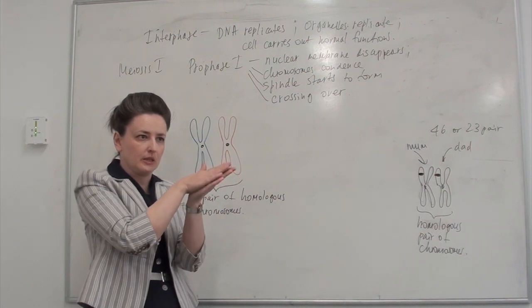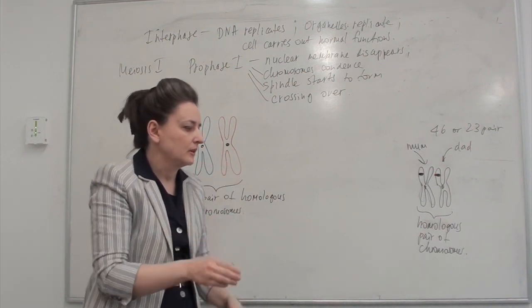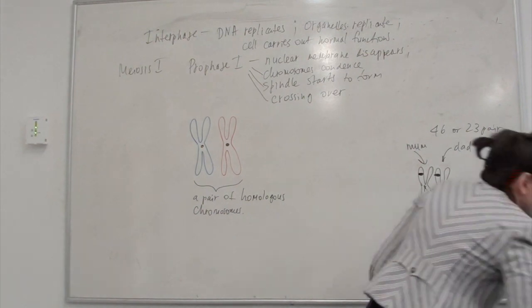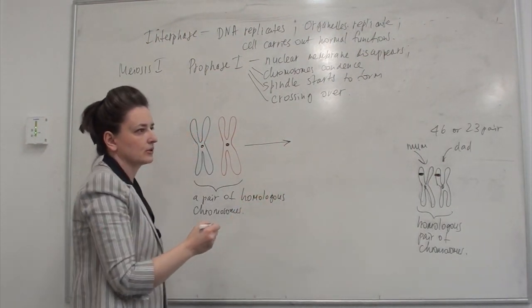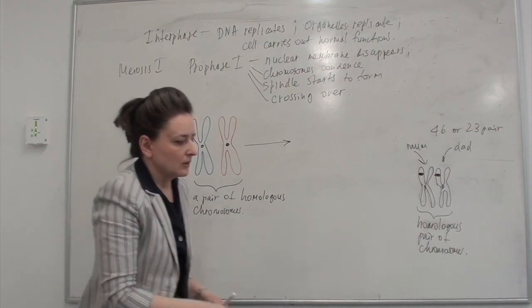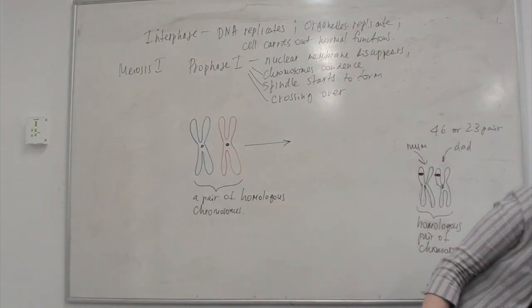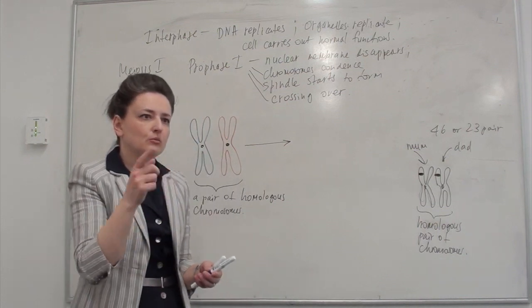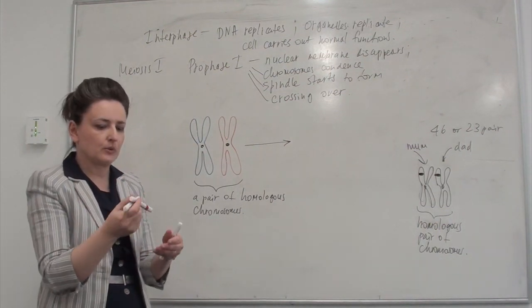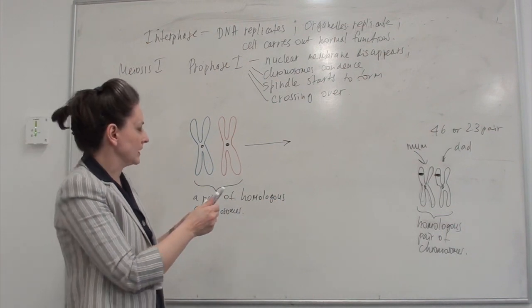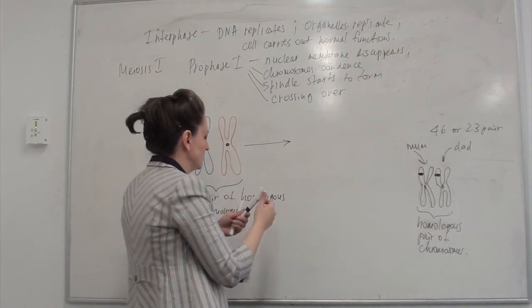So they really get super close and get on top of each other. And in crossing over, what's going to happen is that these chromosomes are going to start swapping bits between each other. That's what I'm using colors for, to show that swap. So let me see if I can figure it out.